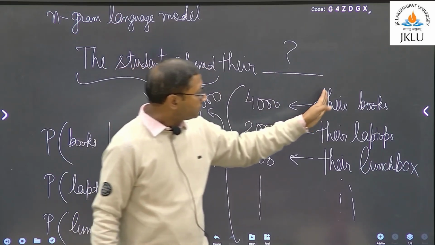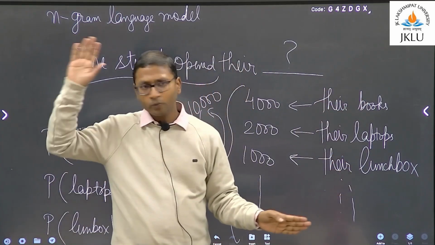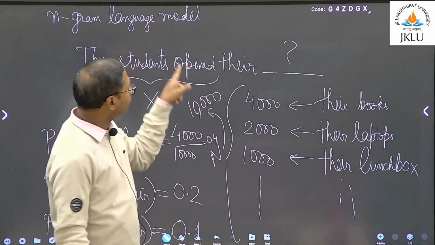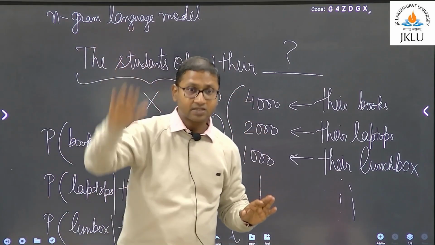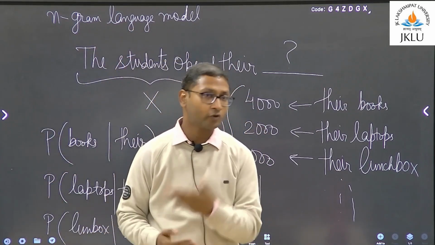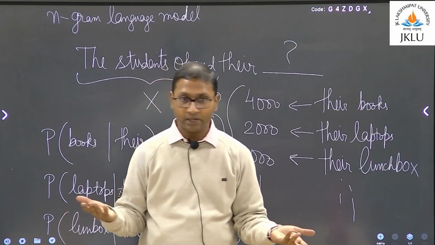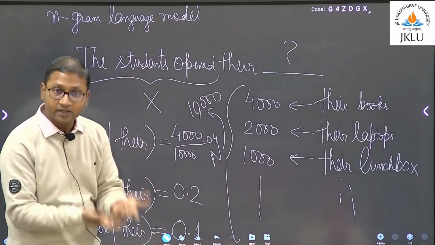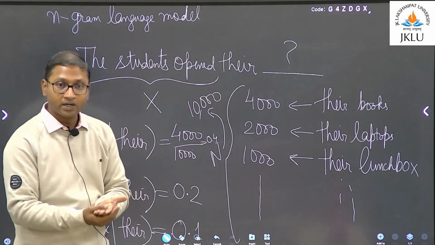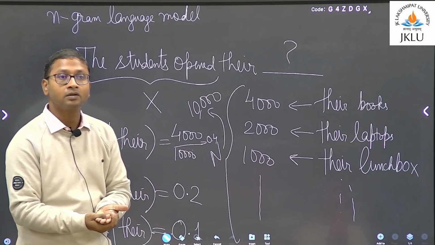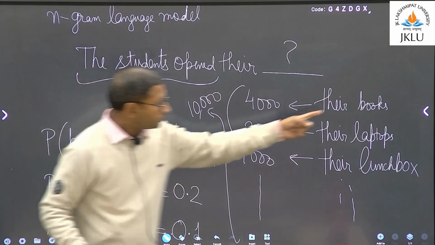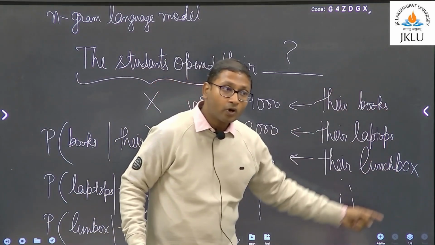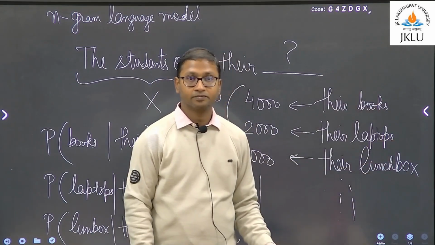Now, these kind of phrases will be too many, but certainly "opened there" will reduce drastically, maybe by a few orders of magnitude, right. This one will reduce further drastically. So, what does it mean? These things will keep on reducing significantly.